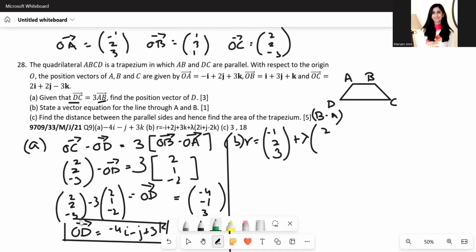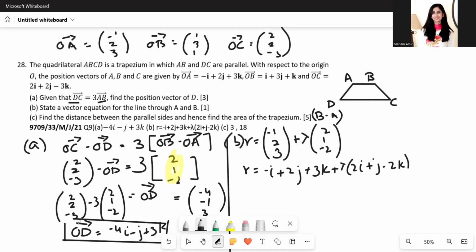In fact, we already found B minus A earlier. This was B minus A, so let's write that again: (2, 1, -2). So r equals minus i plus 2j plus 3k plus lambda (2i plus j minus 2k).